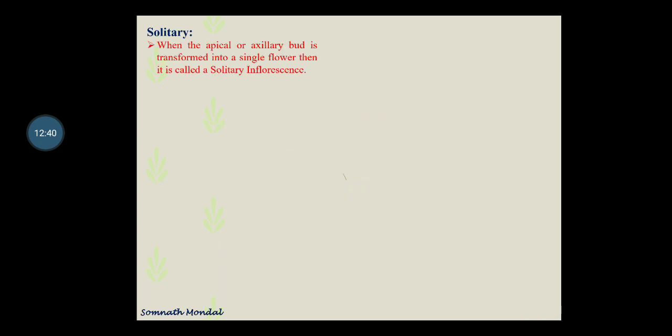Solitary is found in Hibiscus, where we can see only an apical or axillary bud transforming into a single flower. That is why it is called solitary inflorescence, and it does not form a real inflorescence. The image looks very simple.